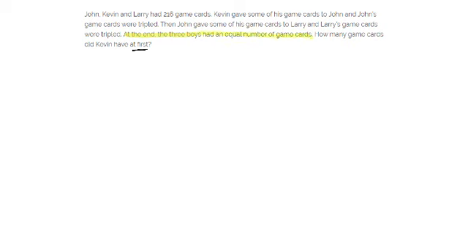So all I need to do is to draw a table with John, Kevin, and Larry. The total number of game cards adds up to 216. So let's draw a table.